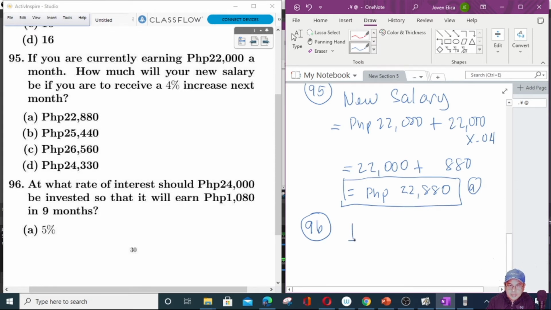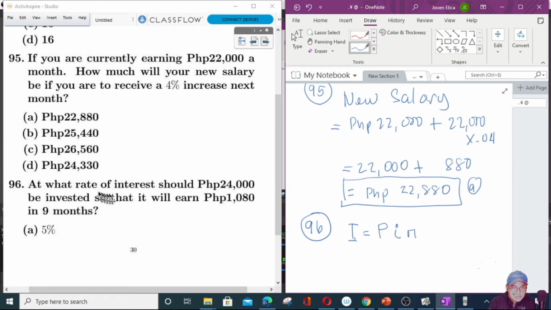The simple interest formula is equal to the present worth or the present value multiplied by the interest rate and multiplied by the number of months or days or years.